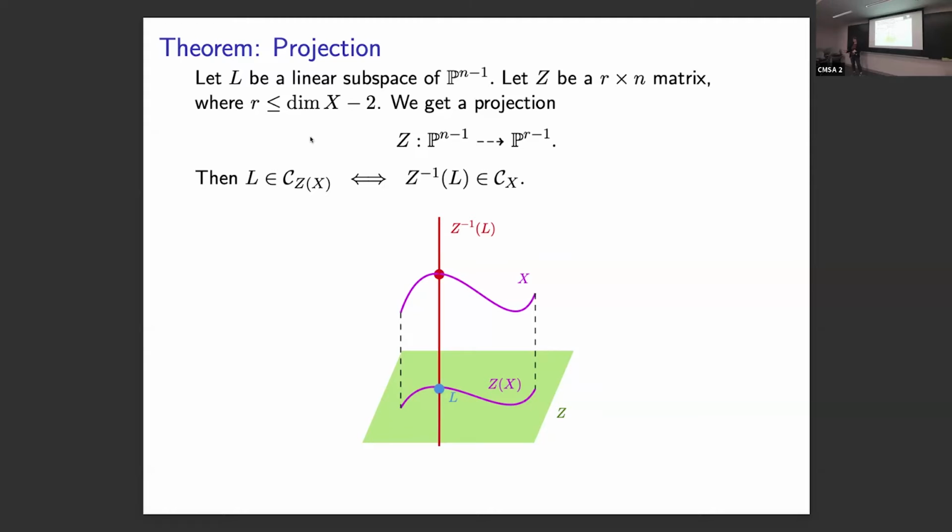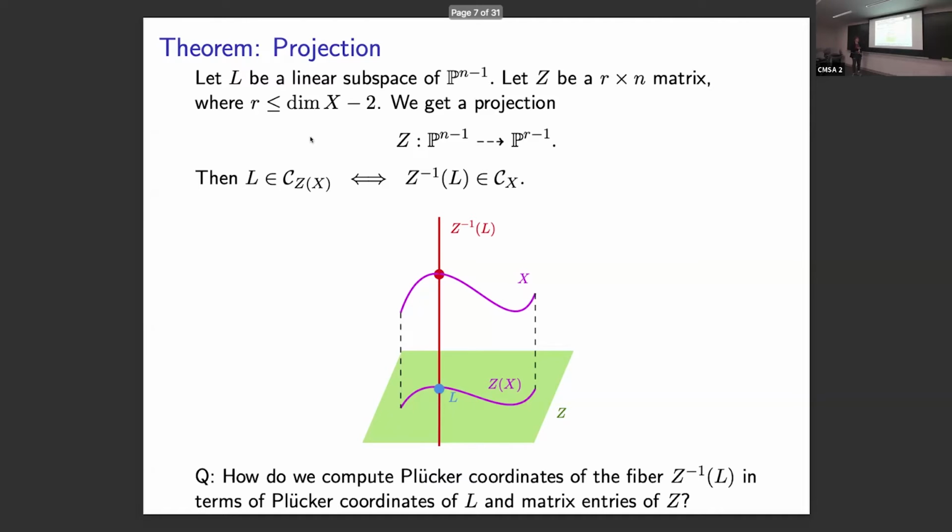If you remember from before, if we project low enough to the point where the image is a hypersurface, the Chow form of the image is just exactly the equation of the image. So eventually we can get down to actually computing equations. But this leaves us with a question, which is namely, how do we actually write down the Plücker coordinates of the fiber?